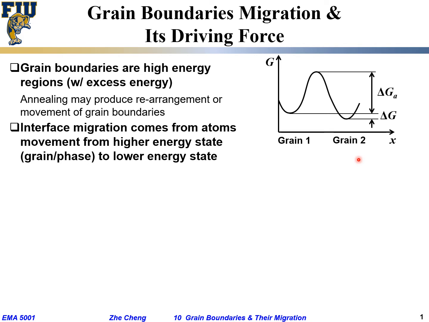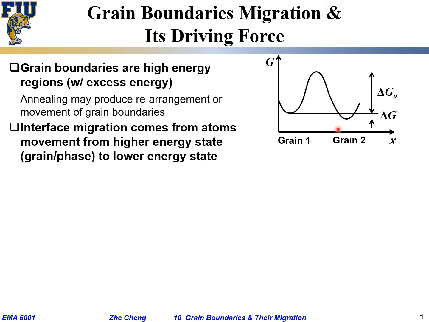What is this peak here? We call this delta G_A, from the valley to the top. This is what we call the activation energy for the atoms to move from grain 1 to grain 2. Let's say we have enough kinetic energy.